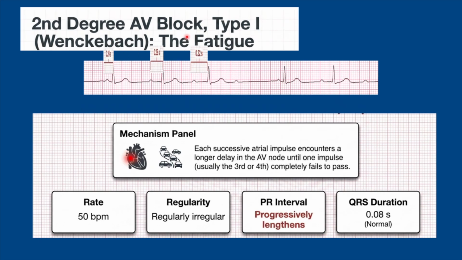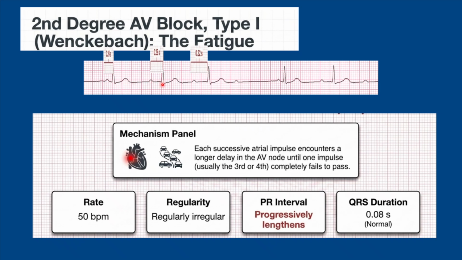Second degree AV block, which we call Mobitz type 1 or Wenckebach, after the name of the German physiologist Wenckebach, you can remember it with fatigue. If you look at the ECG, you find that the PR interval becomes progressively prolonged. If you look at the first PR interval here, it is 6 small squares.